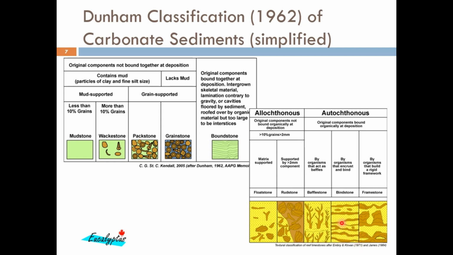If it is more laminated, and it is things like algae that bound together the organisms, or they encrusted the particles, right? And then in between we get a ground mass being trapped again, then we talk about a bindstone. And if it is a series of animals that build a framework, such as a reef, then we call it a framestone.